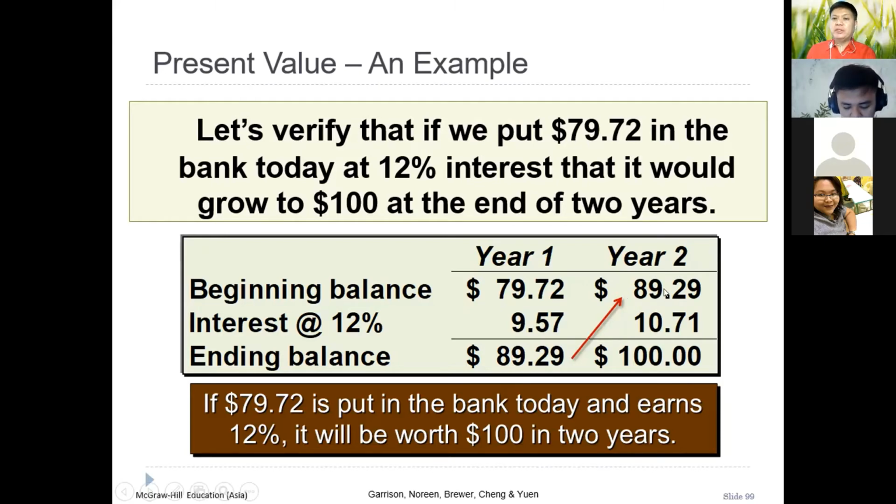And what is 12% of 89.29? That's 10.71. So principal, the new principal, plus the interest, now you get 100. So we say that if 79.72 is put in the bank today and earns 12%, it will be worth $100 in 2 years.